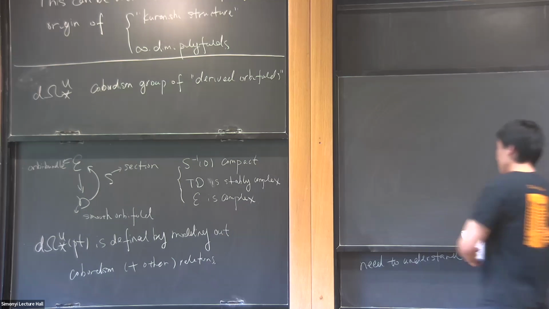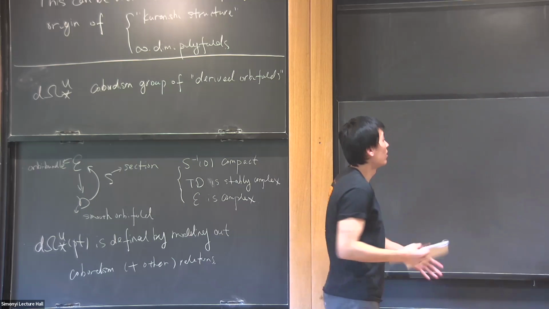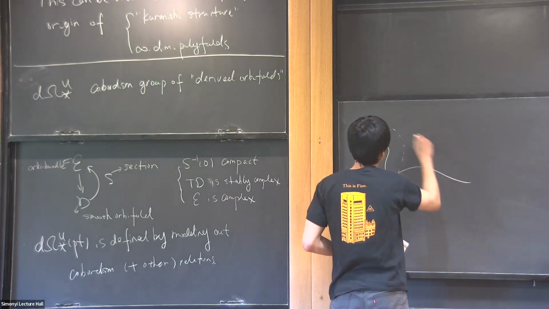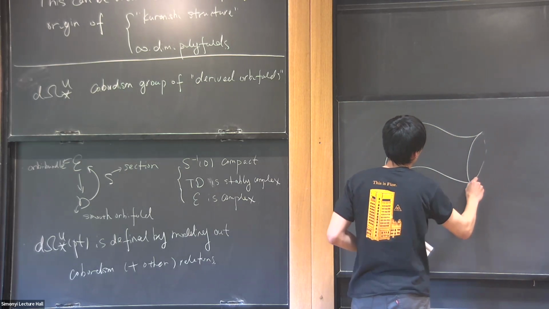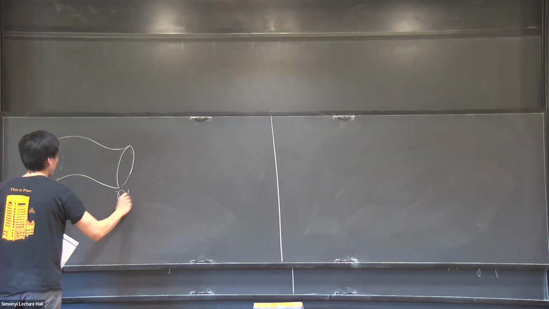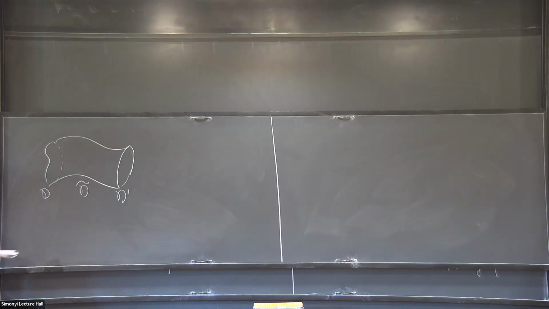For cobordism, it's more or less the same as the previous picture. Have a manifold with boundary, or in this setting, an orbifold with boundary. So here we have our D prime, or D tilde, and the boundary is given by the disjoint union of the two parts.